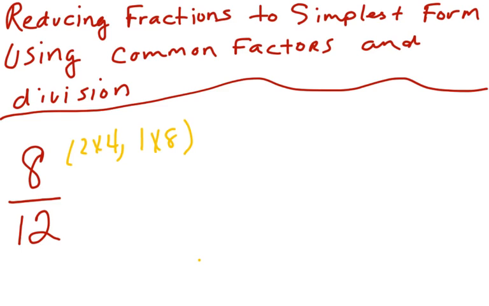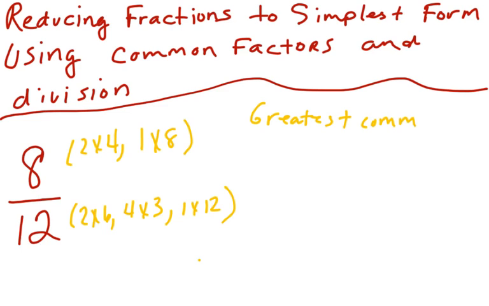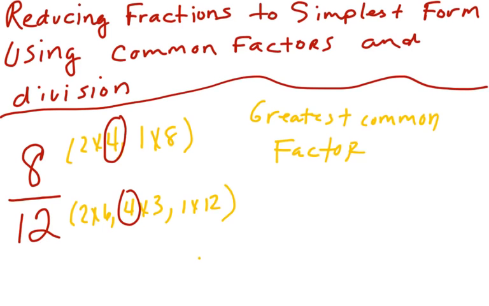Then here we have 2 times 6, 4 times 3, 1 times 12. And we want to look for the greatest common factor. So what is the greatest common factor of 8 and 12? Well, we look at it, and 4 is common to both of them.